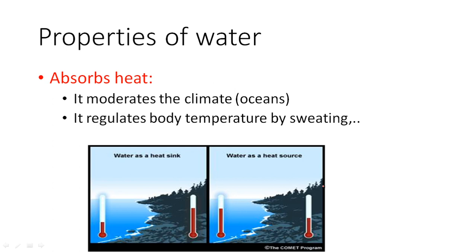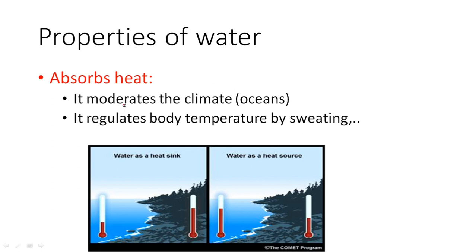The next property is that it absorbs heat. That means that to warm up water, we need more energy than the energy we need for other substances. And that can be translated into two main things.